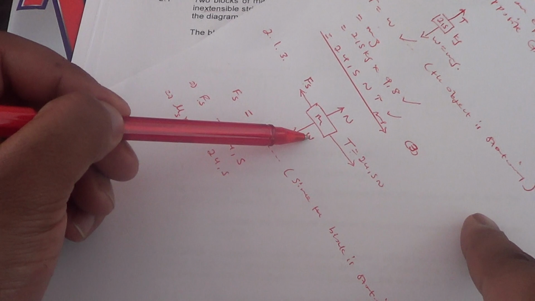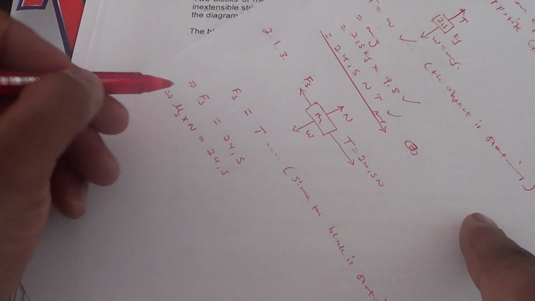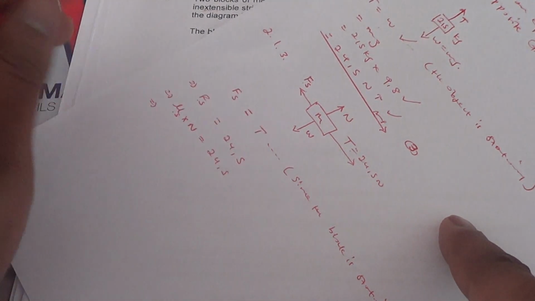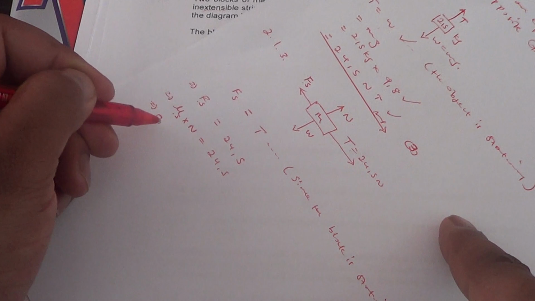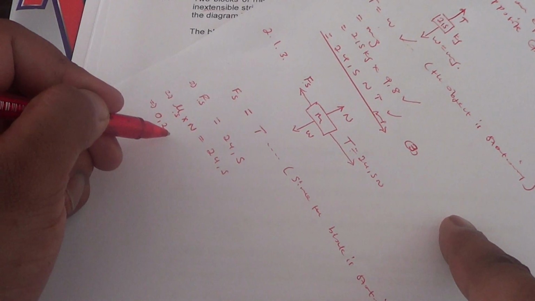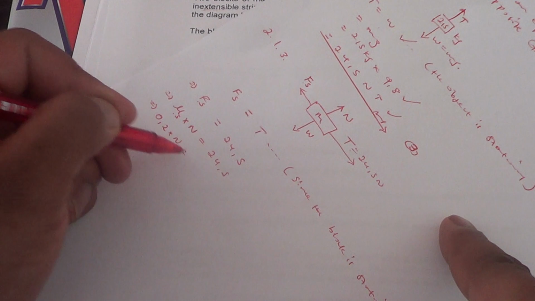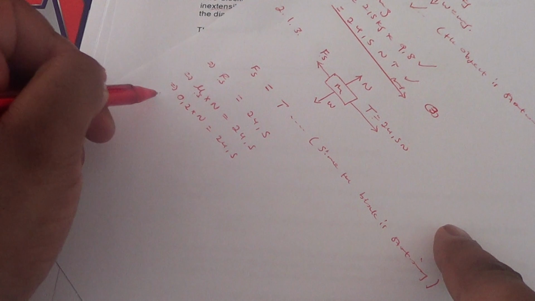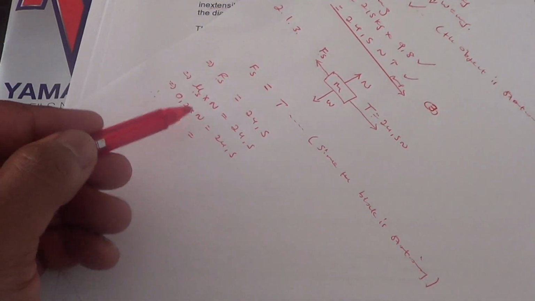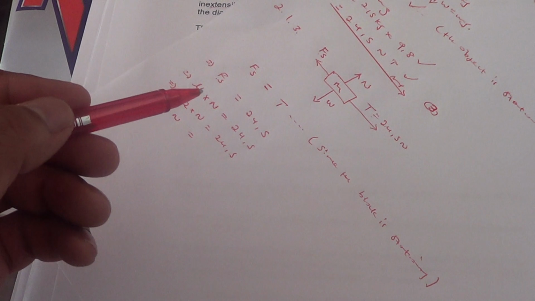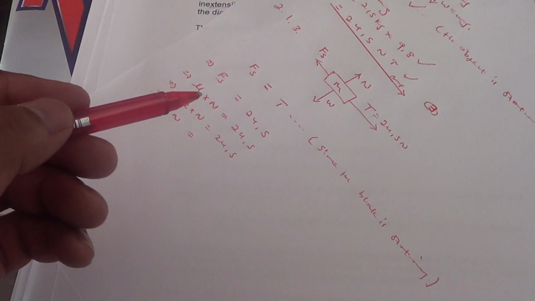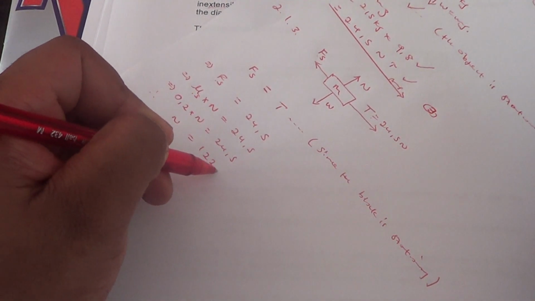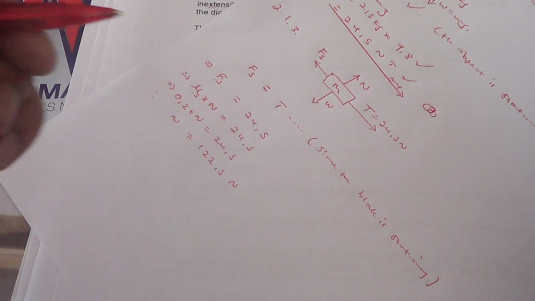So the normal force equals the weight. We're going to work towards that. Now this is implying the static friction. They told us that it's 0.2. So static friction coefficient times N equals 24.5. Therefore, we're just going to divide here. 24.5 divided by 0.2 gives us 122.5. Remember, this is newtons.